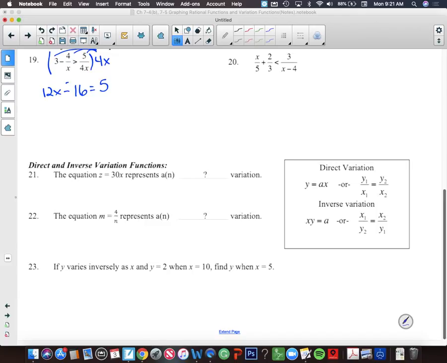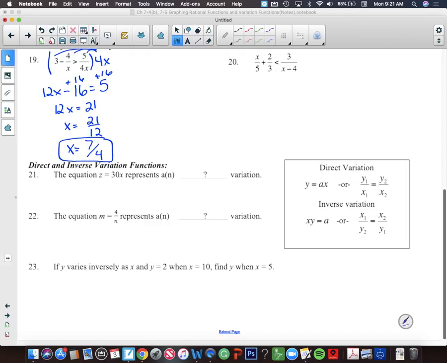So quickly, let's solve that. 12x equals 21. Yep, and then x equals 21 over 12, which you want to simplify, because we could take 3 out, right? So we get x equals 7 over 4. We need that for our final answer, okay?